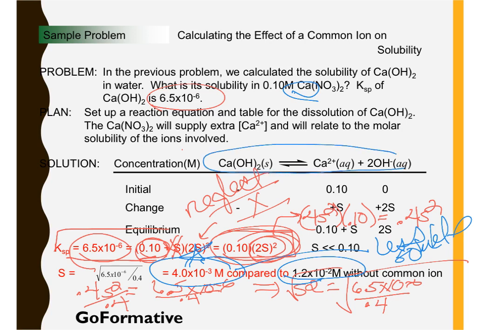If you look at the equilibrium and you add more of one of the ions, in this case calcium, Le Chatelier says that it's going to try to undo what you just did. It's going to try to get rid of that extra calcium you just added by shifting left, making more precipitate, which means it's being less soluble. And that is it for Ksp. It's a hefty topic, isn't it?